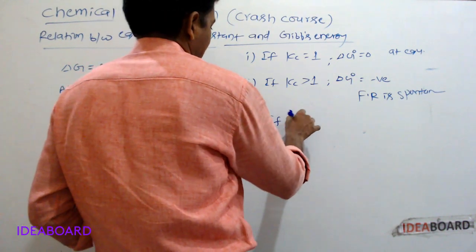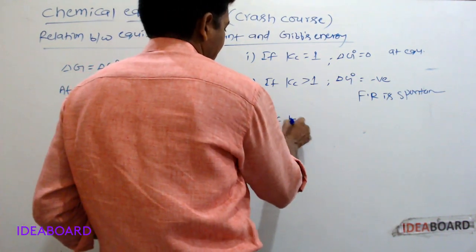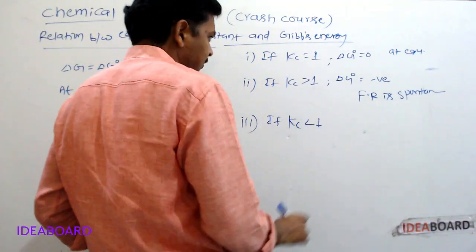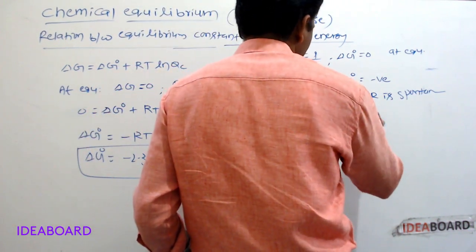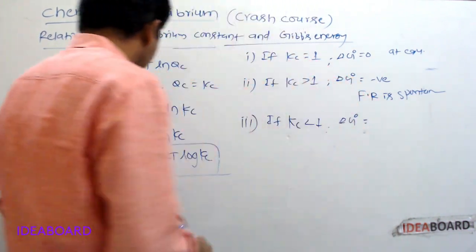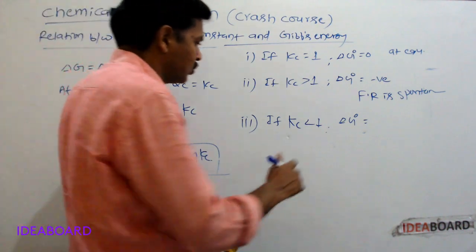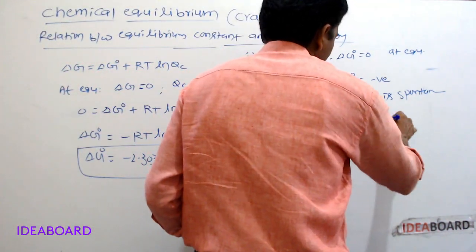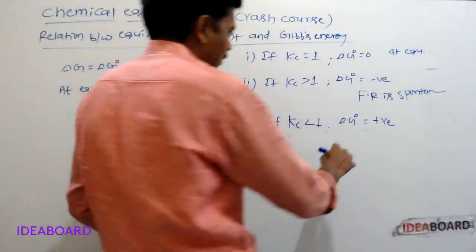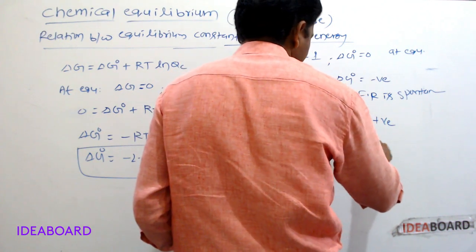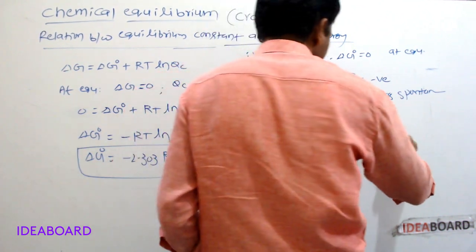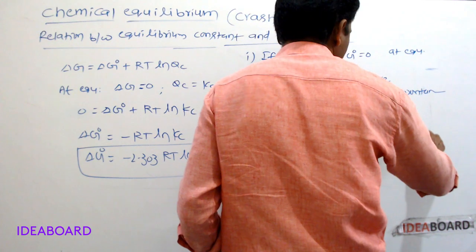If the Kc value is less than 1, delta G naught should be positive. Delta G naught positive means the forward reaction is non-spontaneous.